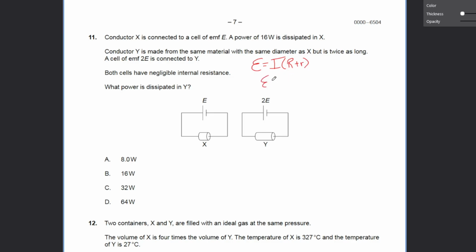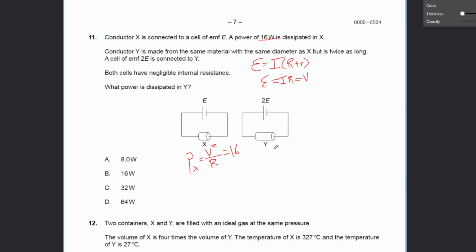So we have EMF is equal to IR, and IR is equal to V, voltage. So we can use the equation from our data booklet that the power dissipated in X is equal to V squared over R. And this is equal to 16. We're given that.